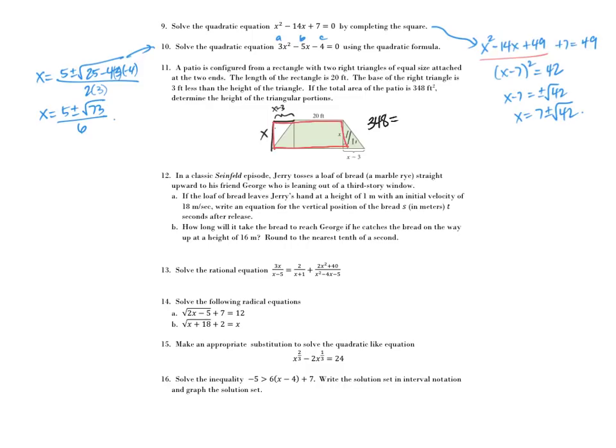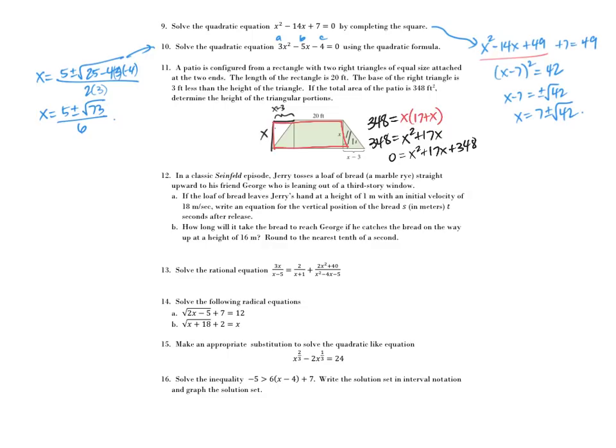And this rectangle has width x and length 20 plus x minus 3. And 20 minus 3 is 17. So 348 is equal to x squared plus 17x. And so 0 is equal to x squared plus 17x plus 348.